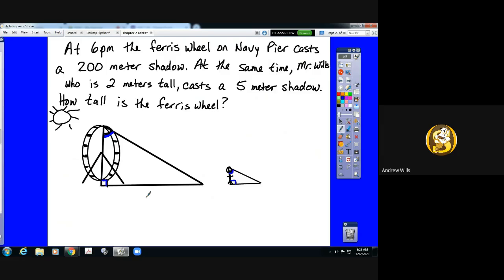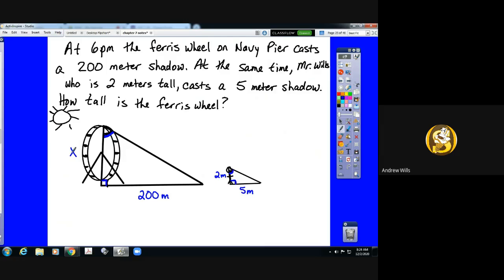The Ferris wheel casts a 200-meter shadow, which would be on the ground. At the same time, Mr. Wills, who is 2 meters tall, casts a 5-meter shadow. And then it asks us how tall is that Ferris wheel.